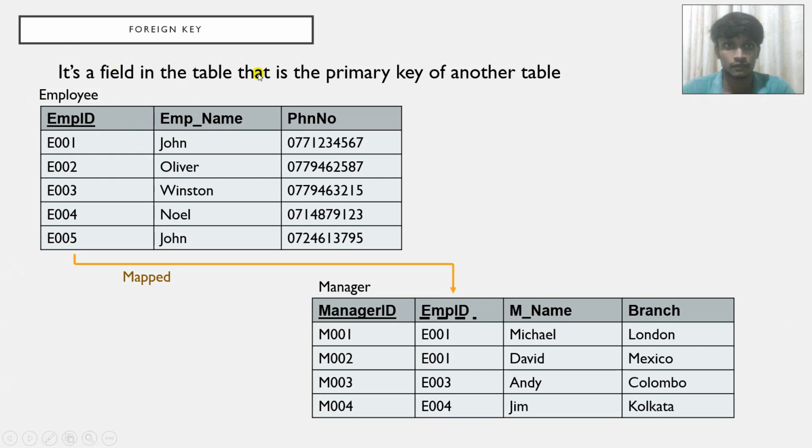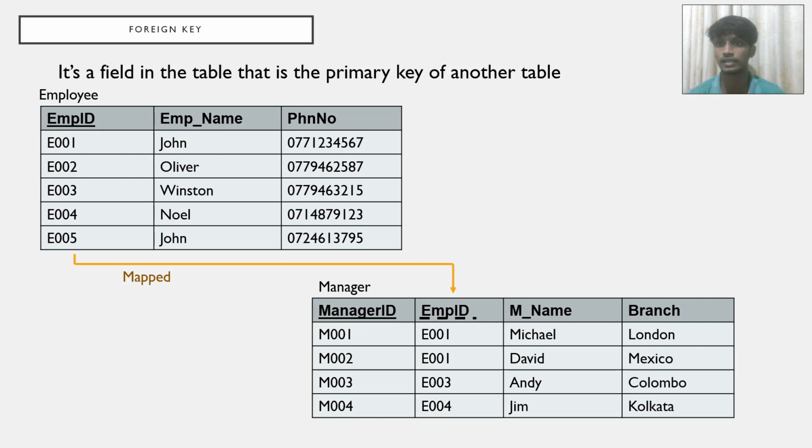Okay, so then the foreign key. This is the second type of key attribute. It's a field in a table that is the primary key of another table, and this is another most important key attribute that we can identify in a relational database management system, because I told you before, in relational database management there are relationships.